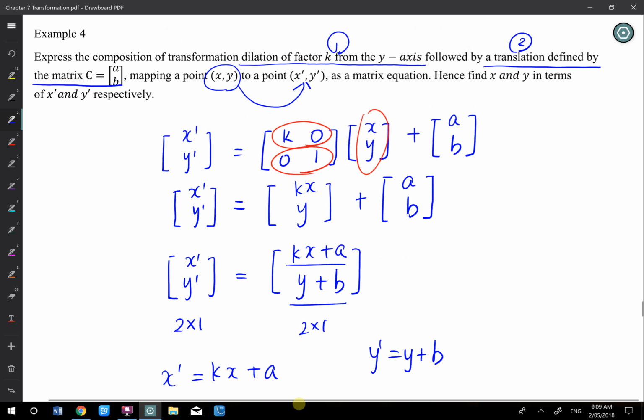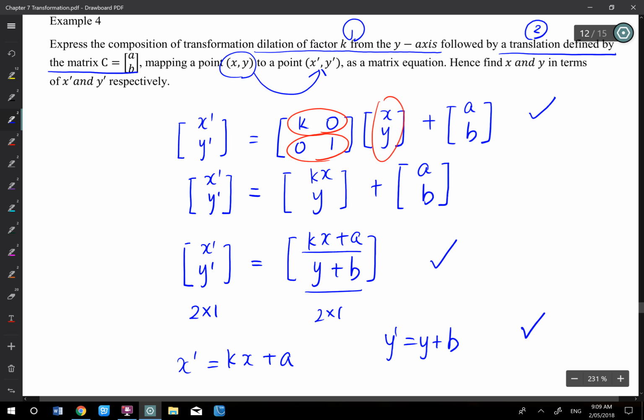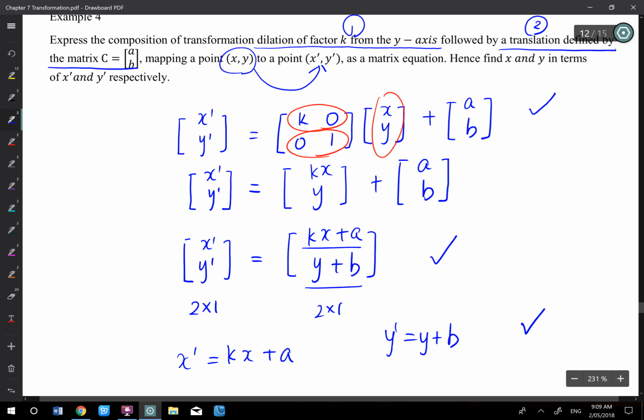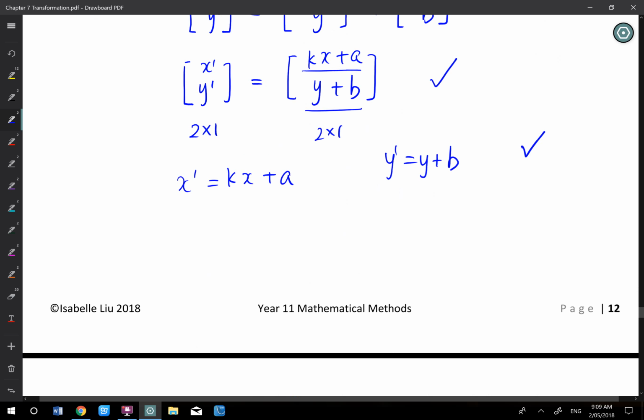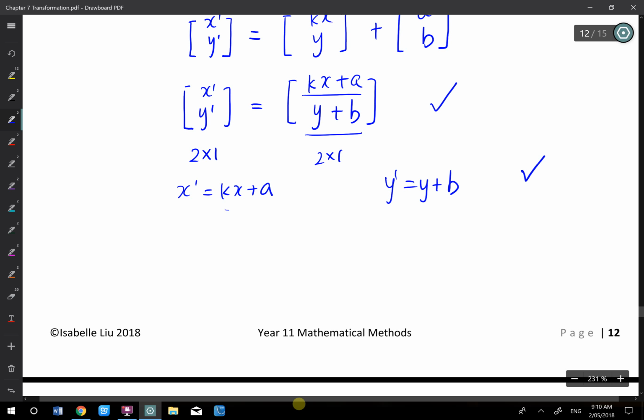So I have set up the matrix, I have calculated, and then I equalize them. The last thing we need is, hence, find x and y in terms of x' and y'. Okay, before we do that, let's have a think. This is the same thing we achieved from a wording description, right?